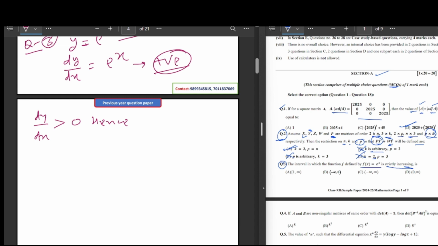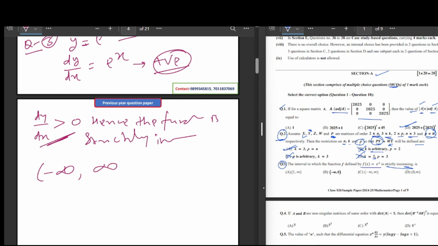Hence the function is strictly increasing. This shows the increasing function between which values, because this is a positive function, so we have to write minus infinity to plus infinity. So this will be the correct one. So option number C of this question should be the correct one.